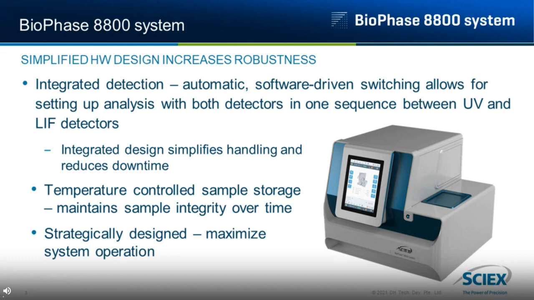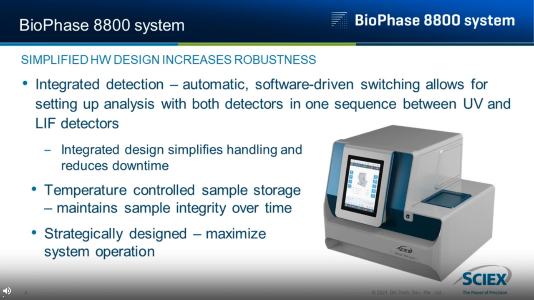However, each of these features has been enhanced to deliver an improved user experience while minimizing the requirement for additional touch points and enabling the instrument to incorporate a greater level of automation for operation in a high throughput environment. And the system is strictly designed to maximize the system operation and maintain its robustness.